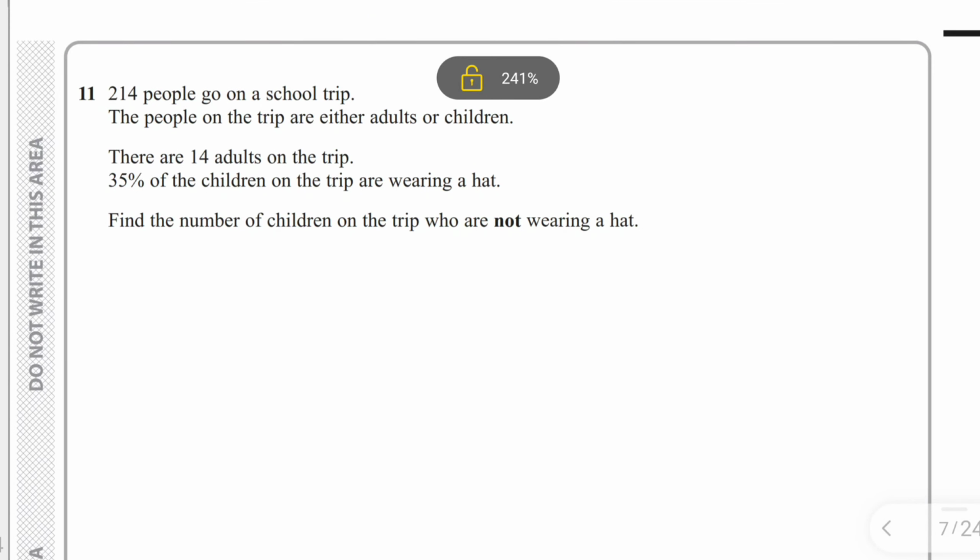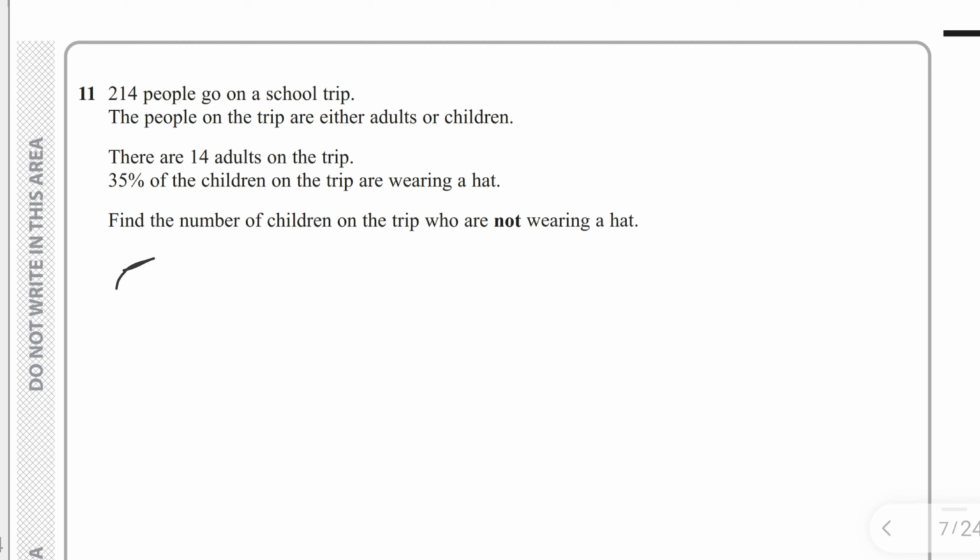214 people go on a school trip. The people on the trip are either adults or children. There are 14 adults on the trip. 35% of the children on the trip are wearing a hat. So find the number of children on the trip who are not wearing a hat. So 14 adults on the trip, yes.